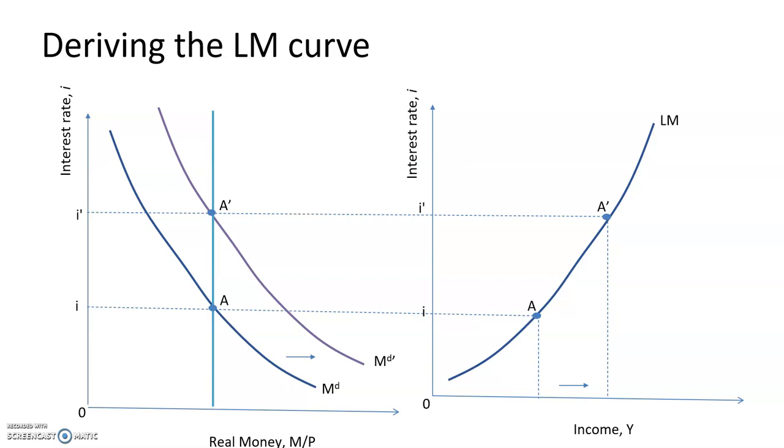The equilibrium is at point A, where money supply is equal to money demand and the interest rate is equal to i. Now consider an increase in income from Y to Y prime, which leads people to increase their demand for money at any given interest rate. Money demand shifts to the right to MD prime.